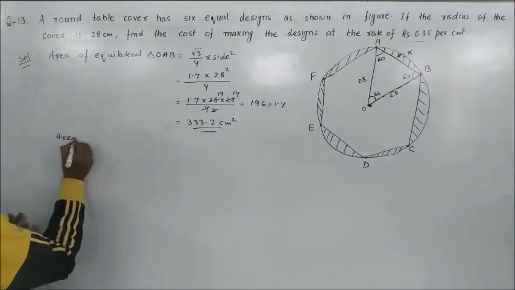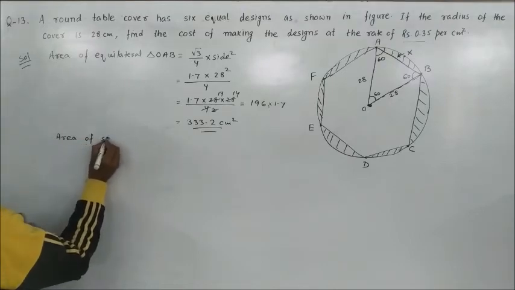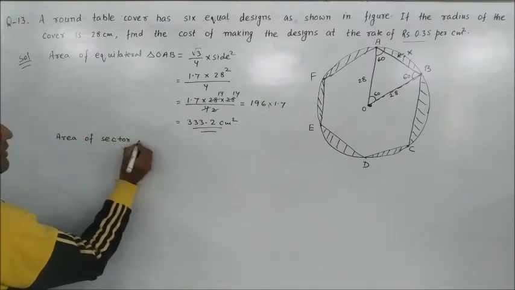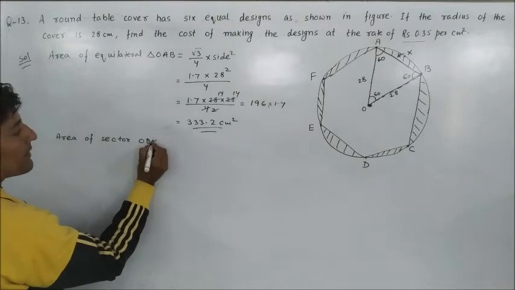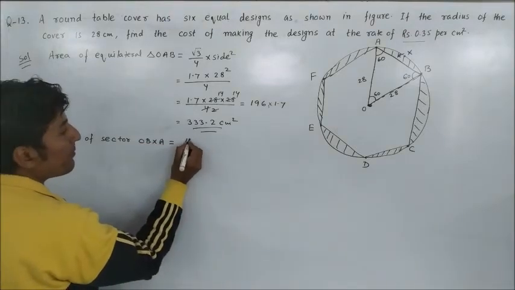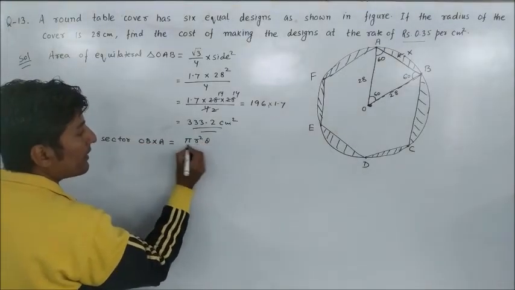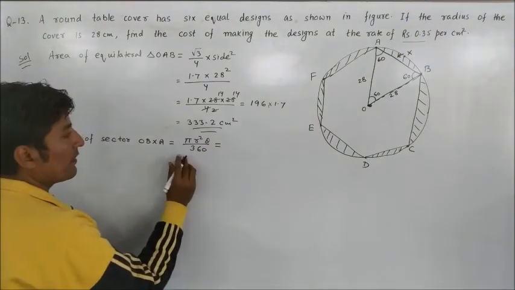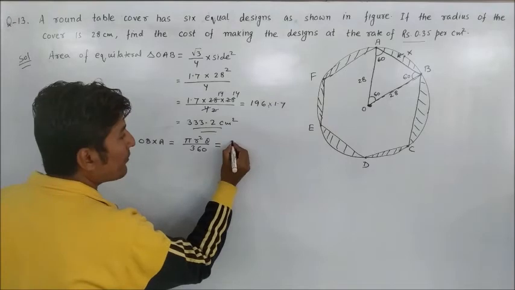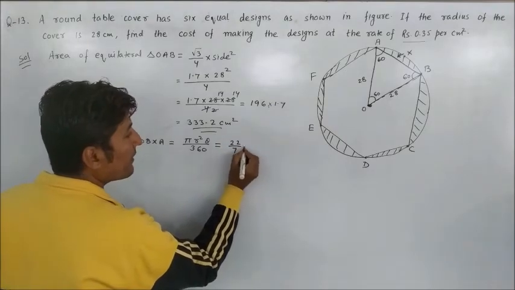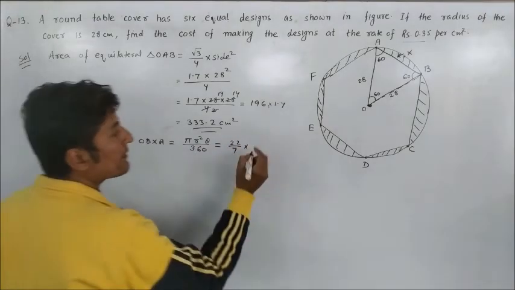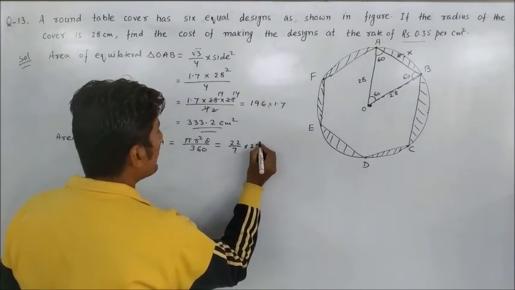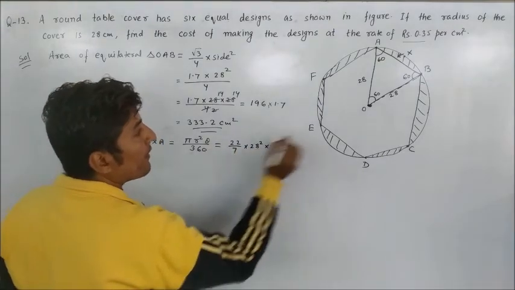Area of sector OBXA will be equal to pi r square theta divided by 360. This formula we can use. Now we can put the value of pi as 22 upon 7. The radius is given as 28, so we write 28 square into theta.